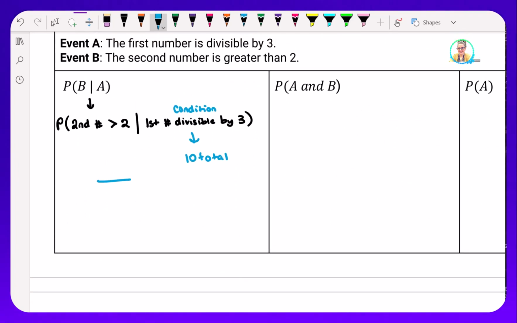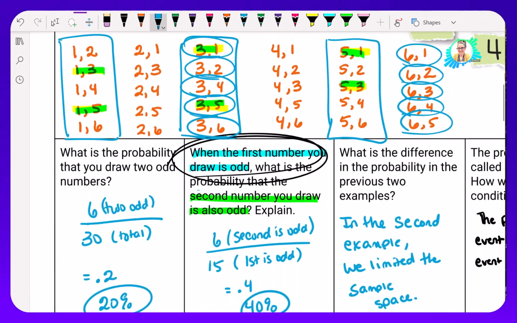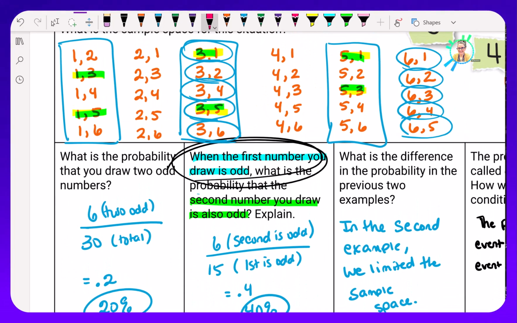That is my condition. Whenever I figure out the probability of this, I have to divide it by 10, which is the condition. So how many out of those 10 that I circled have a second number greater than 2? I'm going to change colors and circle these. This one's greater than 2, and I'm looking for the second number greater than 2.